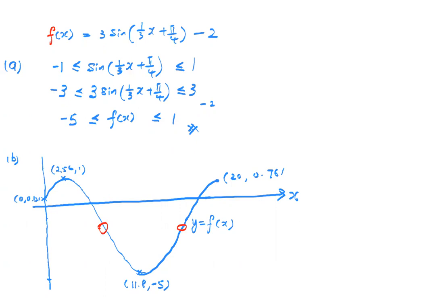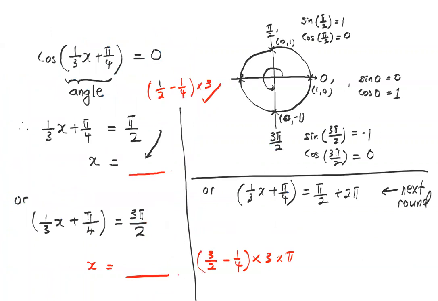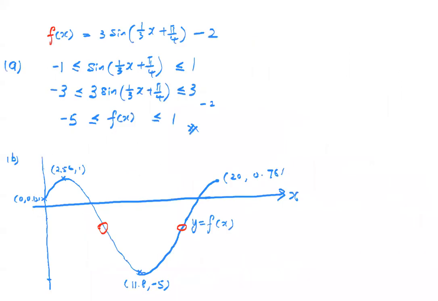So you know what to expect in part C. Part C, I purposely put it as using calculus. And I told you already, this is a very important thing that you have to know. So now I'm going to go to part C.